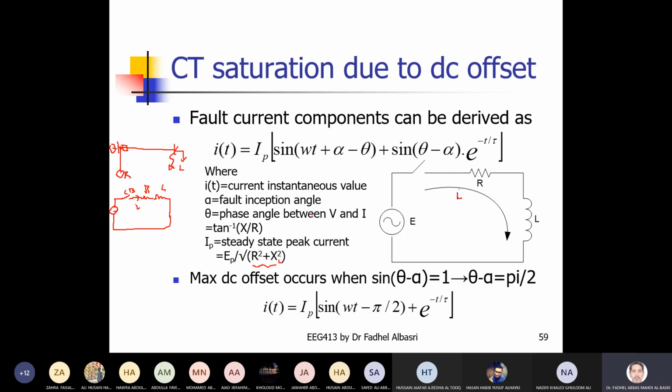Alpha represents the phase angle of the voltage, theta represents the angle of the impedance Z, and alpha represents the instant at which you close or open the breaker, that is, the angle at which you have closed this breaker with respect to time. And this is e to the power minus t over tau, where tau is the time constant, which is L over R. So tau is L over R.